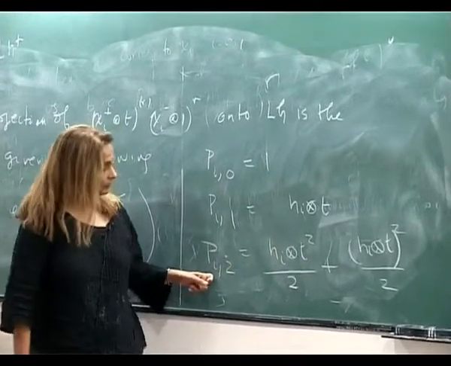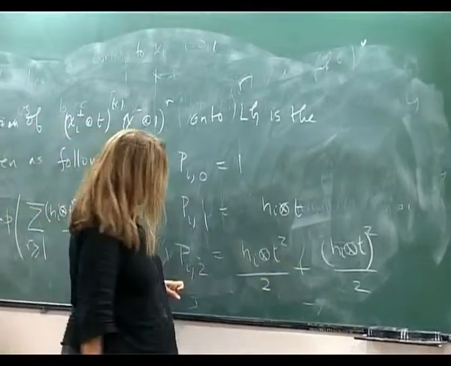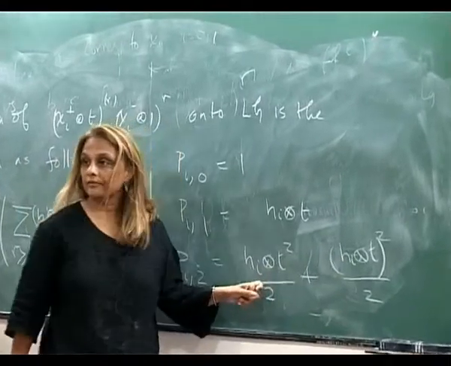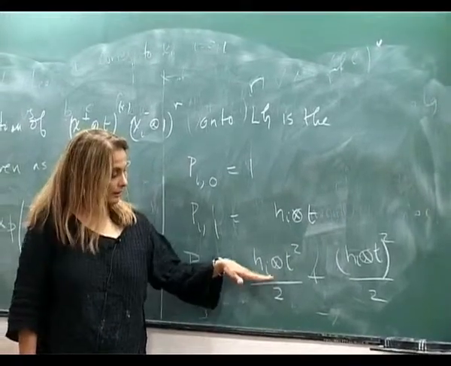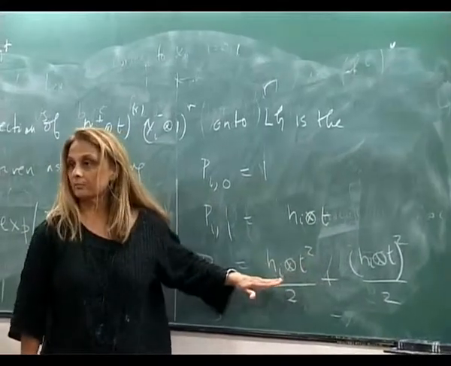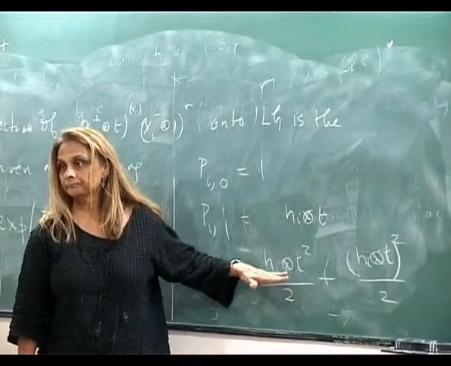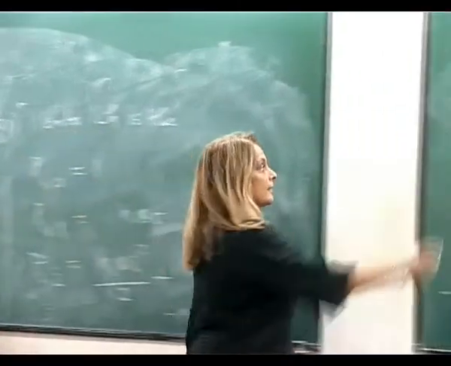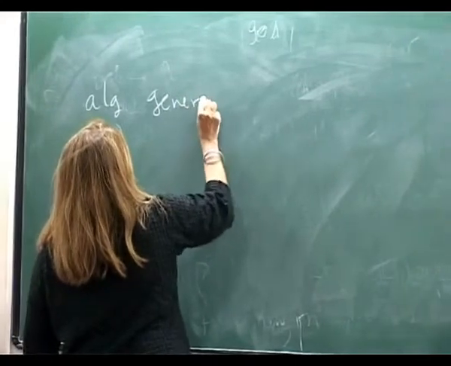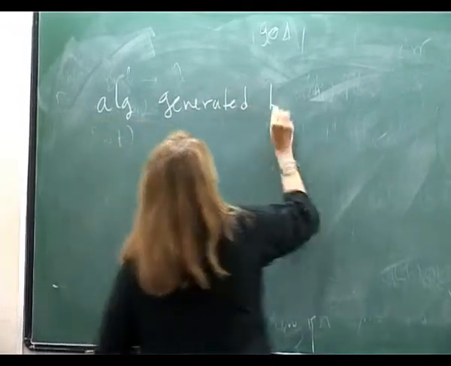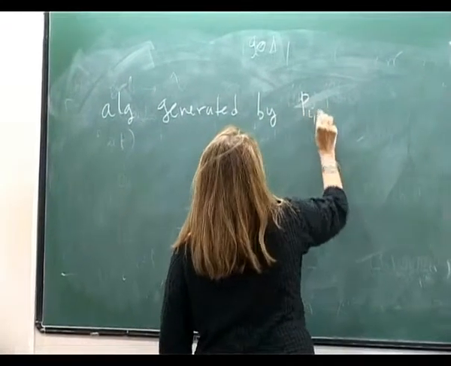In fact, they're integers, so you get an integer multiple of this, which will give me H_i tensor t squared. So the point is that the algebra generated by the P_i's is exactly the algebra generated by the H_i's.